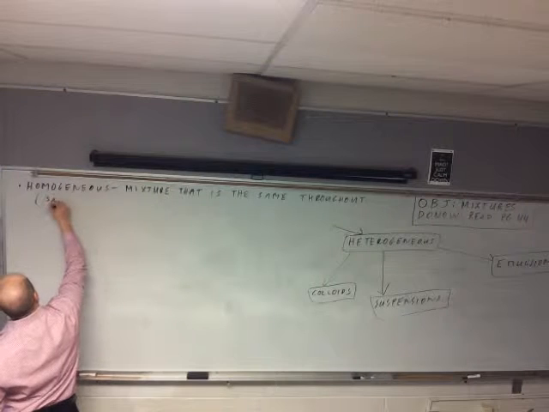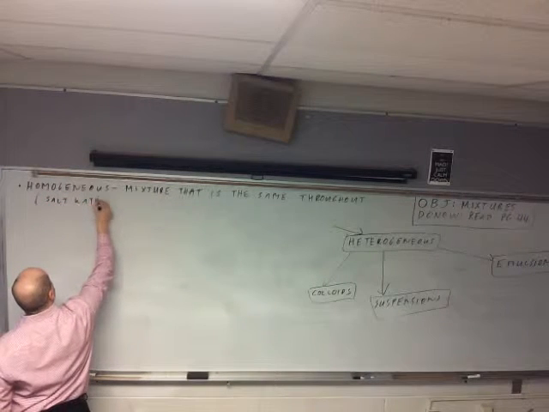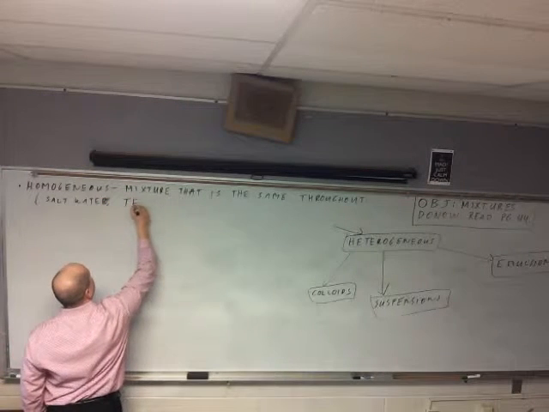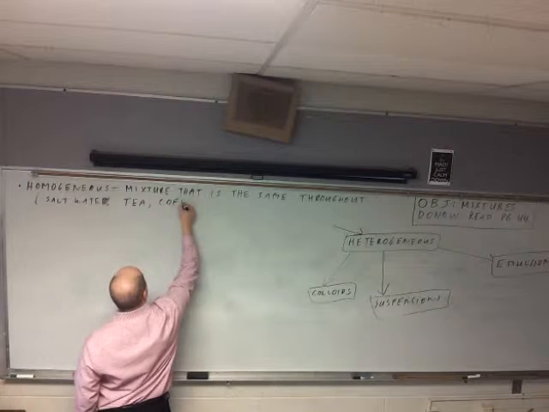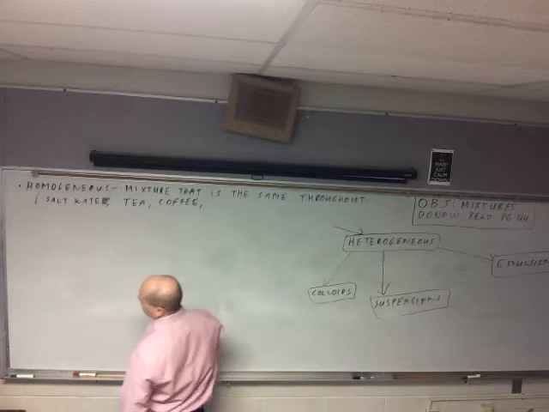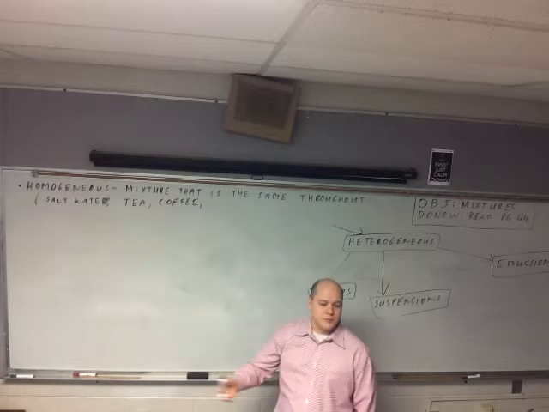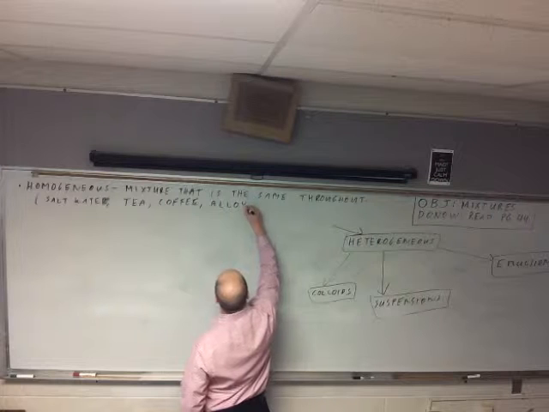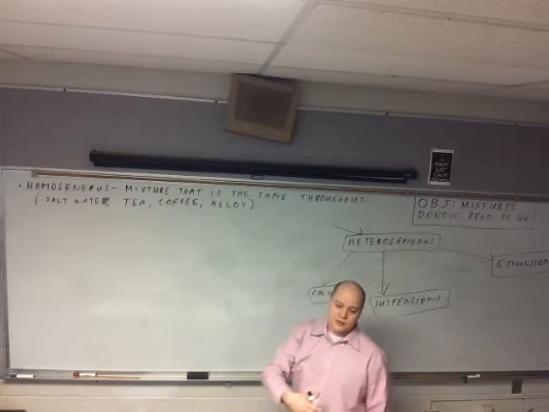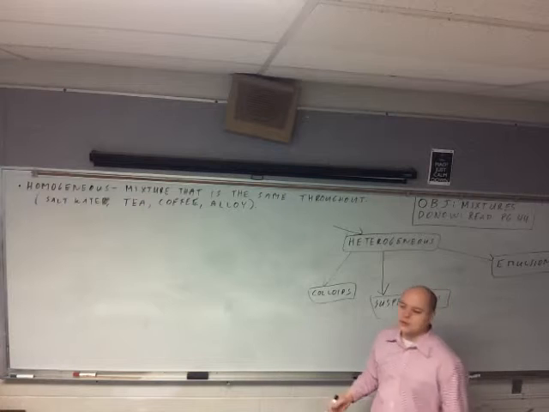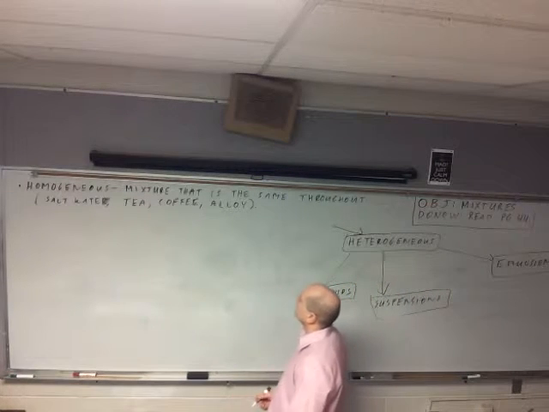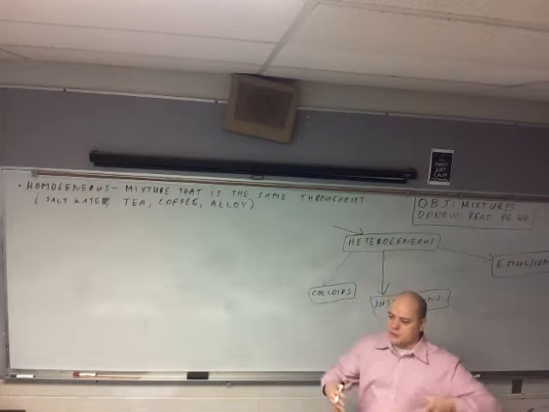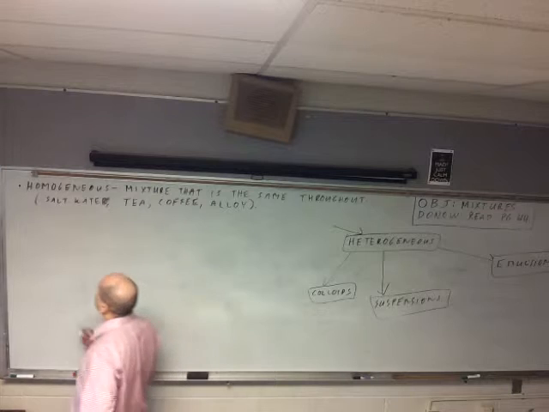Like I said, salt water. Or tea, coffee. It doesn't have to be a liquid mixture. You could have a mixture of metals, like an alloy. If you're looking at like stainless steel or bronze or brass, it looks the same. Each piece of metal is the same. The metals are completely mixed. Right? So anytime you have a mixture where it looks the same throughout, there's two things in there, but they're completely mixed together.